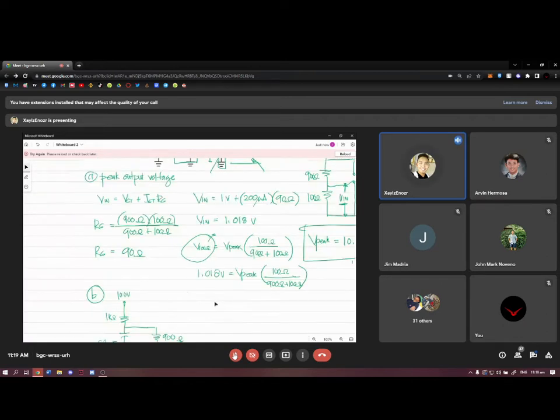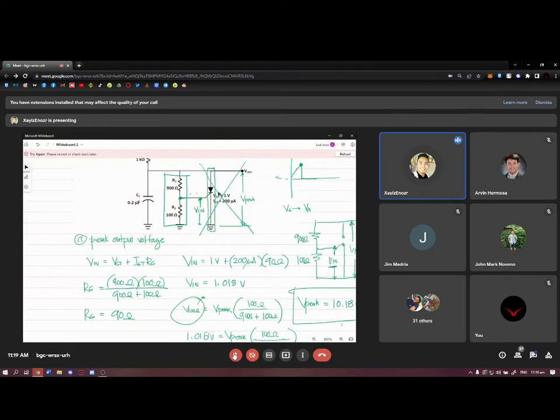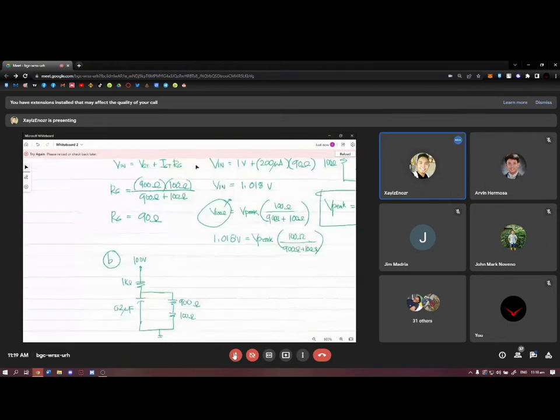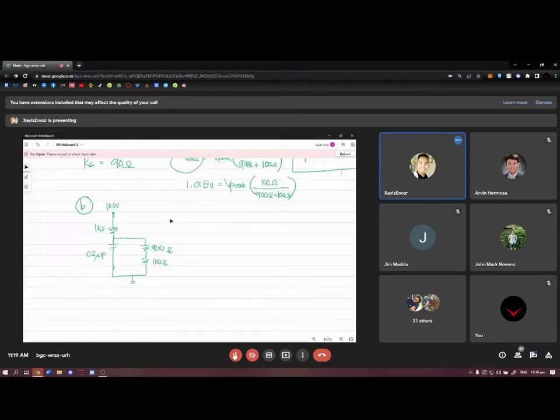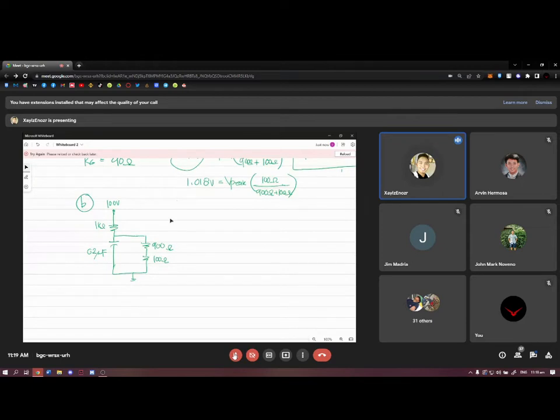Naka-off si SCR, ibig sabihin, wala si SCR dyan, open yan. Okay. So, pag naka-off si SCR, so ito yung ating magiging circuit. So, yan lang siya.